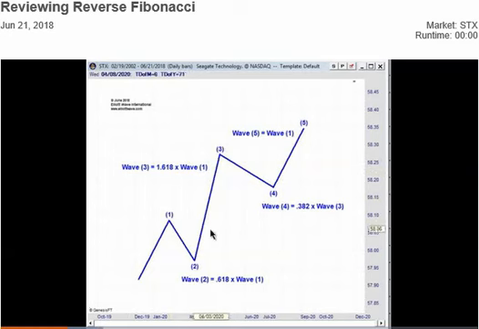Now the same retracement idea for wave 2 also applies for wave 4. If wave 4 is very time consuming, many times that retracement of wave 3 will be very shallow, 0.236, 0.382. Sometimes if this pullback, this wave 4, unfolds as a zigzag or maybe even a double zigzag, then you might actually see something along the lines of 50% or even 0.618.